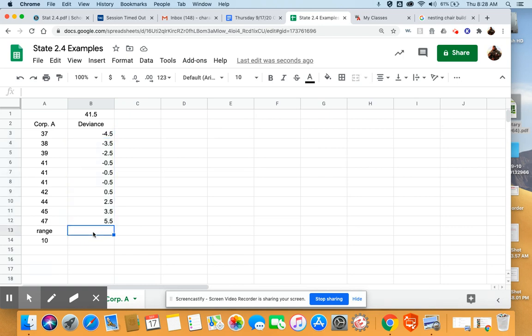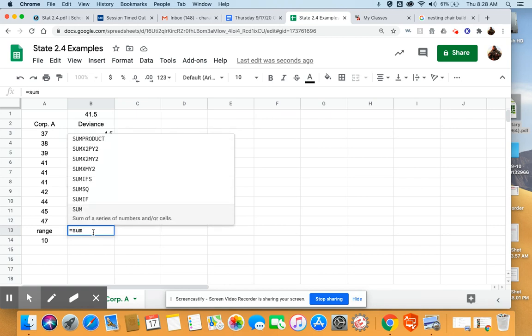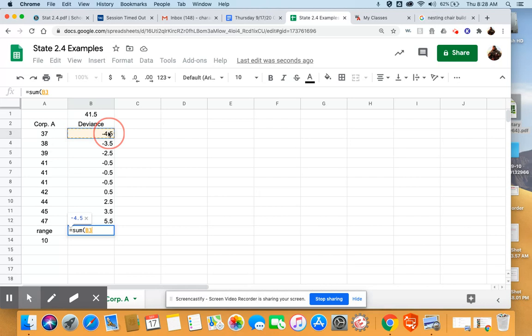So if we came down here and we found the sum of all of our deviation, it's 0 every time. Okay? Let's change that to deviation. That's what the textbook calls it. So that's how we calculate deviation.